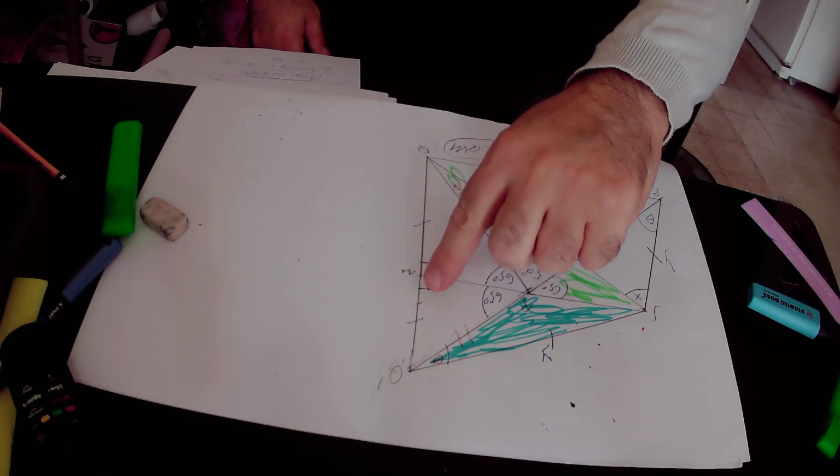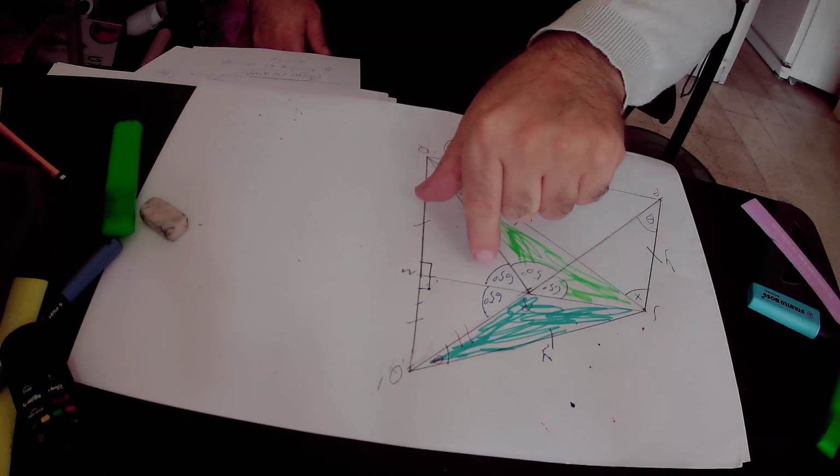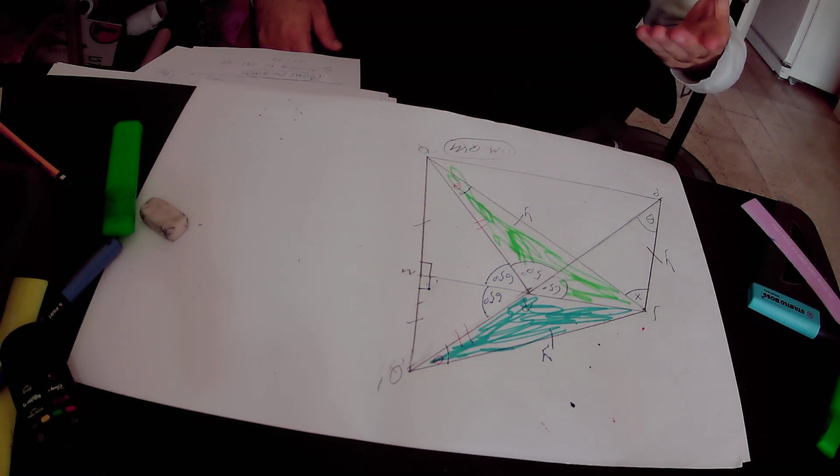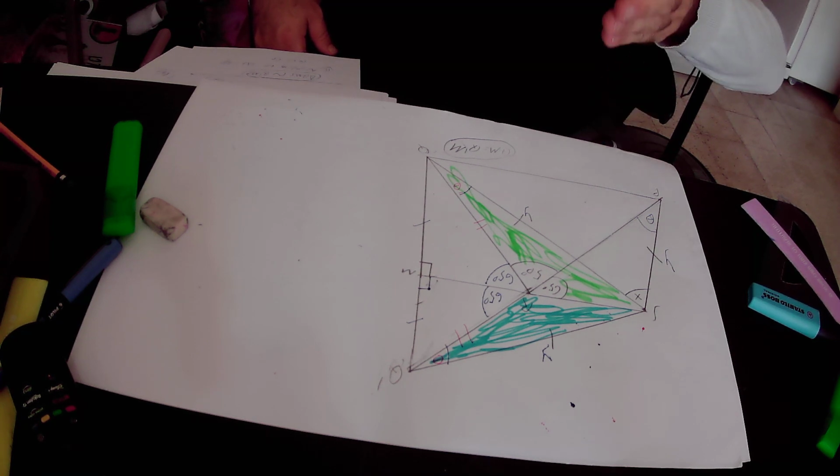We proved that those two sides and this angle are correspondingly equal to those two sides and this angle. Therefore, we proved that those two triangles can go into each other according to the side angle side rule.